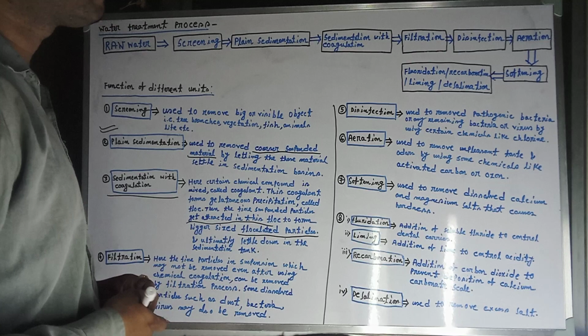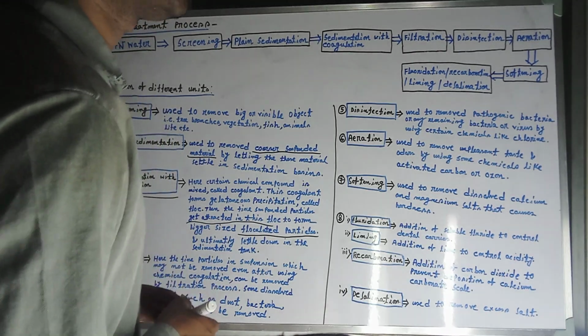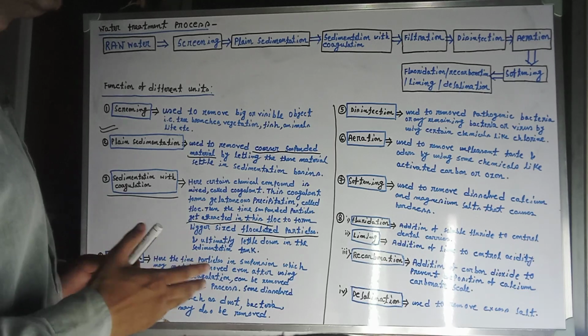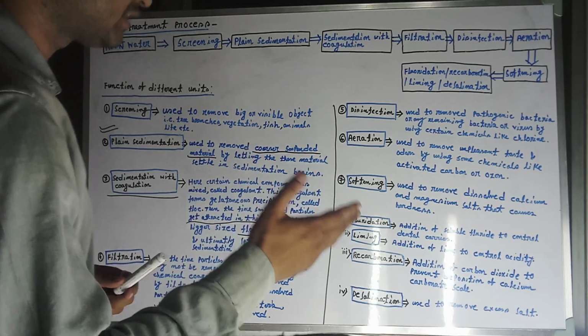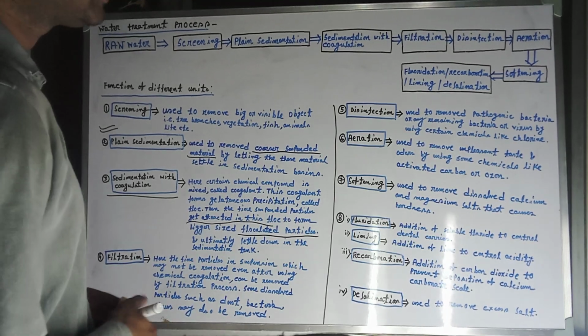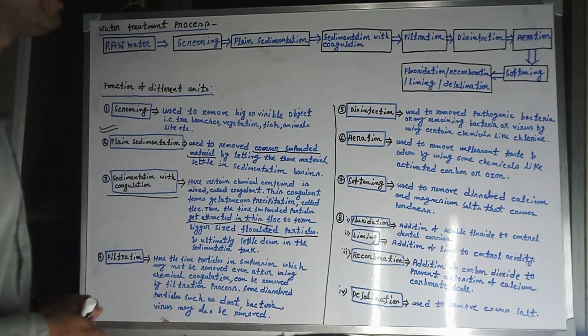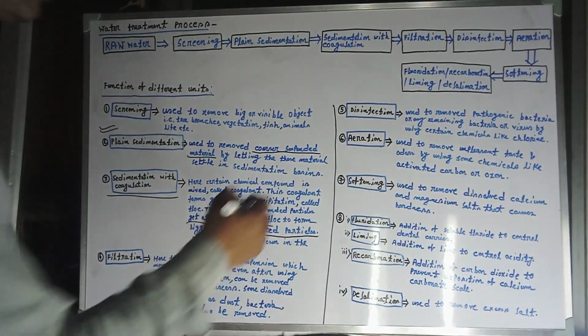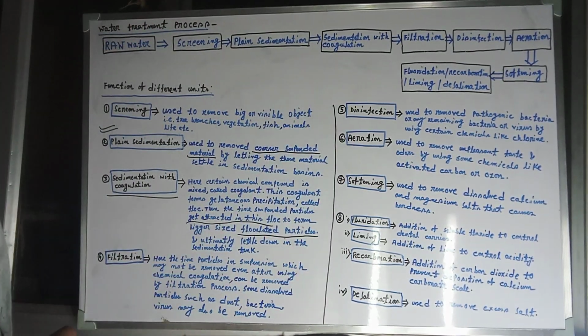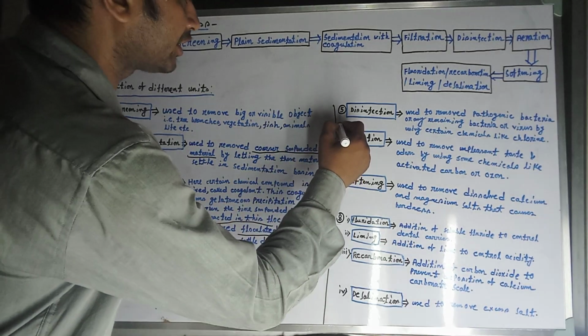What happens in the disinfection process? This is mainly used to remove any pathogenic bacteria and any remaining bacteria or viruses that cannot be removed in the filtration process. After that our water is completely safe to drink, but there may be some unpleasant taste or odors that will be removed in the aeration process.